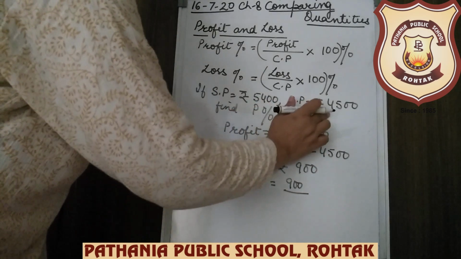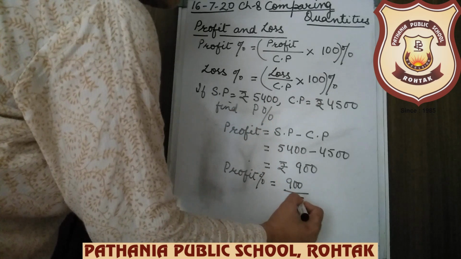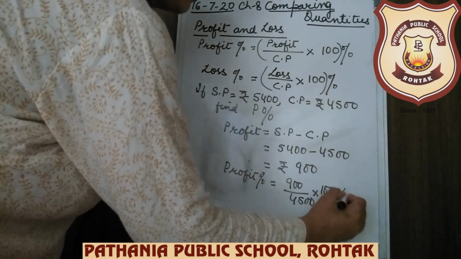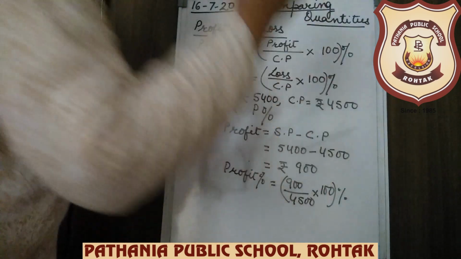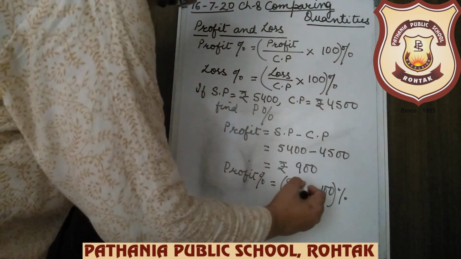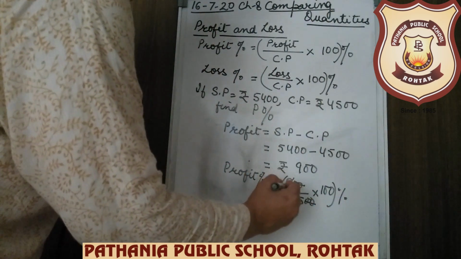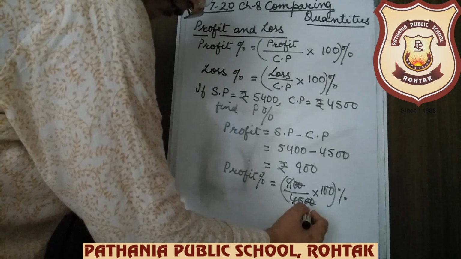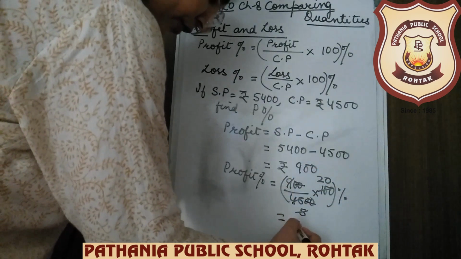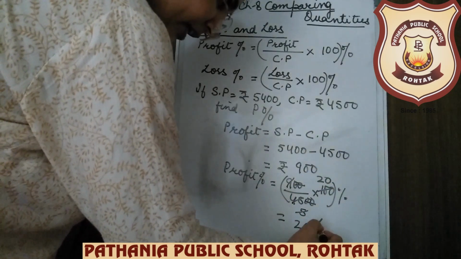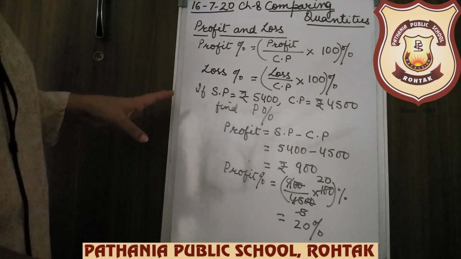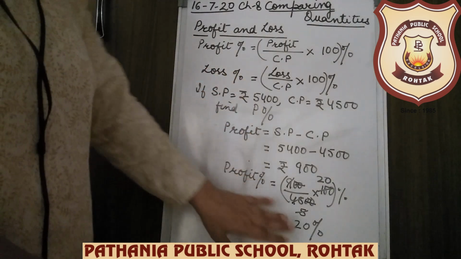CP is 4500 multiplied by 100%. Is this clear? Now zeros they get cancelled. 9 5s are 45 and 5 2s are 10. So your profit percent is 20%.